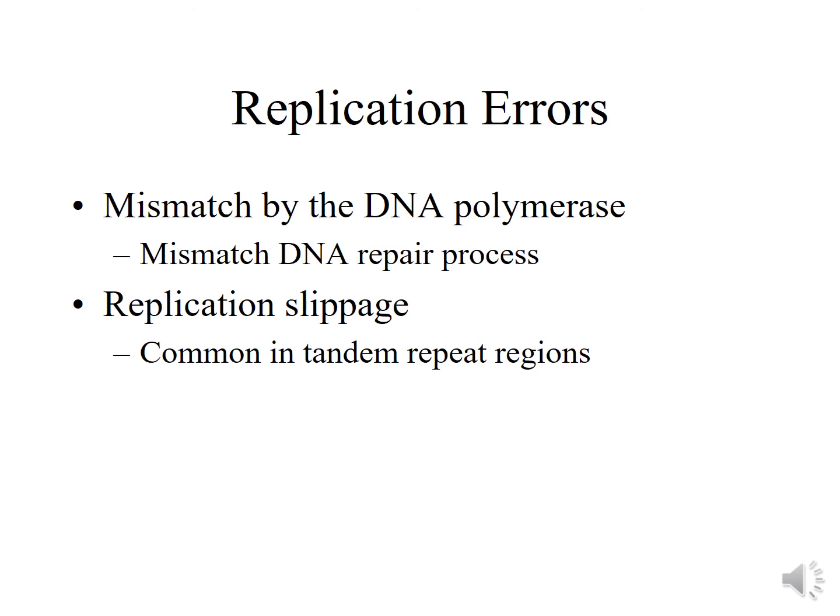A frequent result is that the template strand and the newly synthesized strand pair up out of register by one or sometimes more repeat units, causing what is known as replication slippage. Errors like this are often repaired successfully by the DNA mismatch repair system.